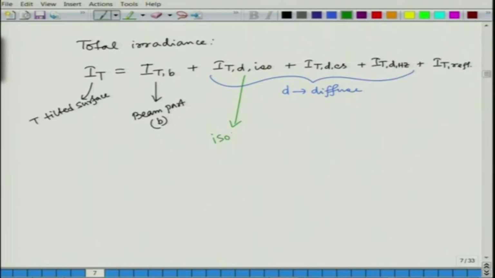This one is for the isotropic sky, which we have seen just a couple of minutes ago. This one stands for circumsolar. And this one stands for horizon brightening. So, that gives you three components of the diffuse radiation.